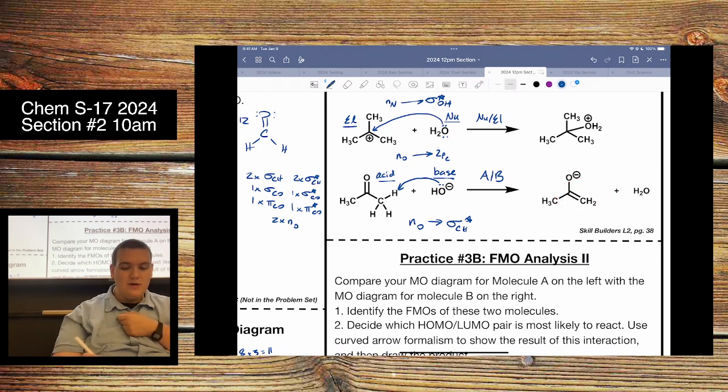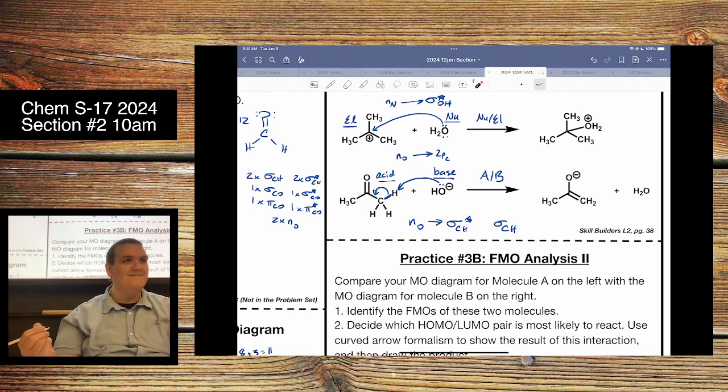So let's take the electrons from this sigma CH and make a pi bond. But hey, that wouldn't give this too many electrons, right? This carbon would have too many. So we also have to break a bond. What bond did we break? The pi CO bond we broke. Yes, we do. And we break it, and what orbital did we put electrons in to break the pi CO?